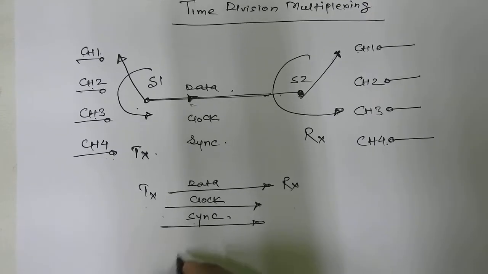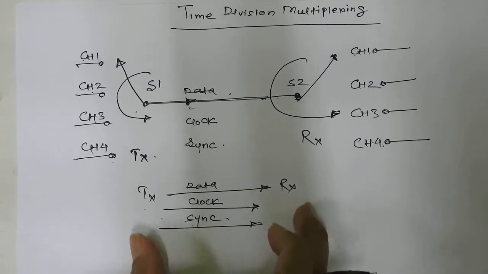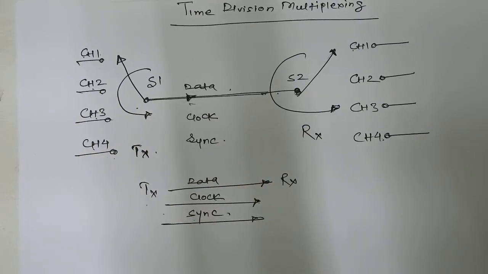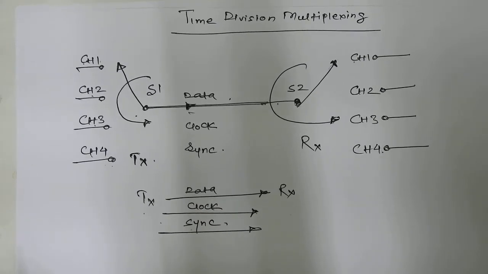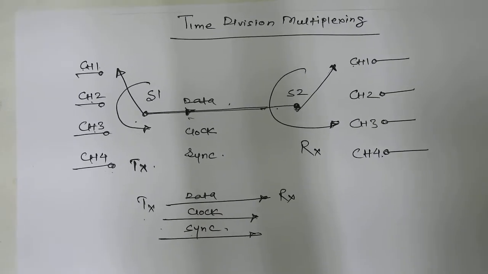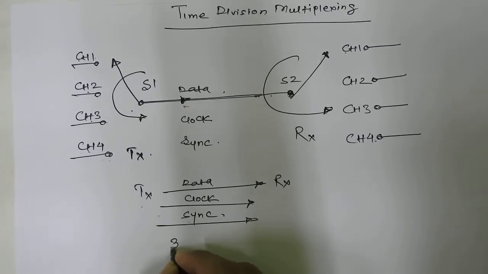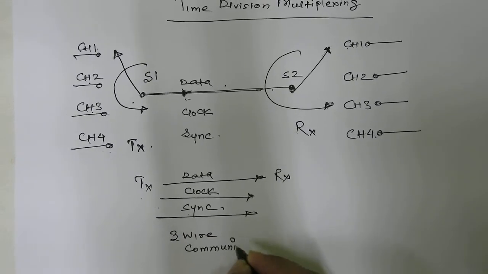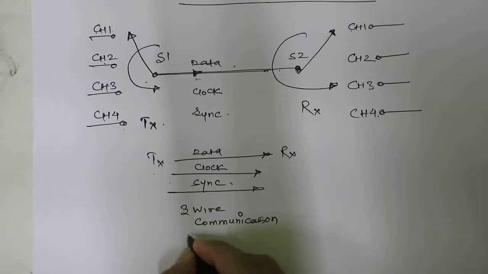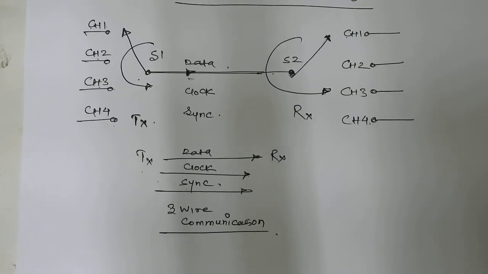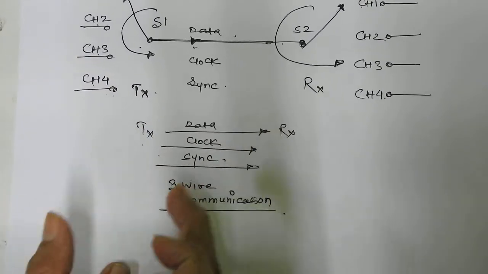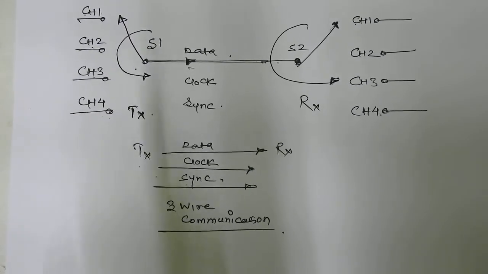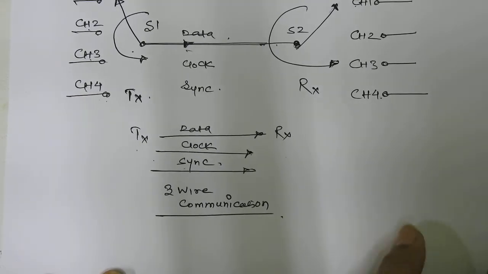And that is the reason this way of establishing communication between transmitter and receiver, working on the principle of time division multiplexing, is called three-wire communication. And you will appreciate that in time division multiplexing, they are sharing the time, and the time sharing is done between these four channels.